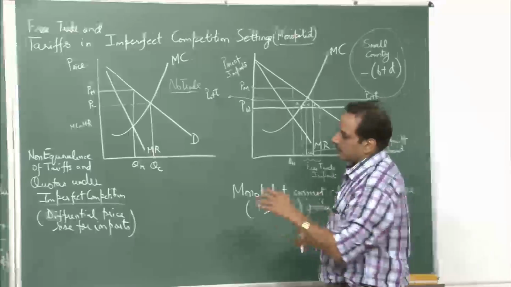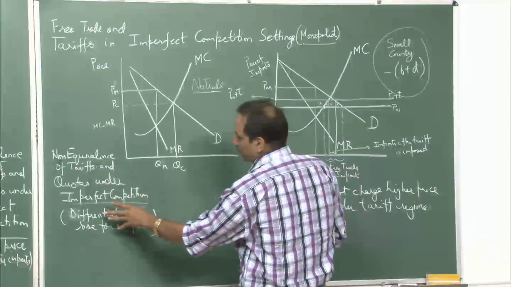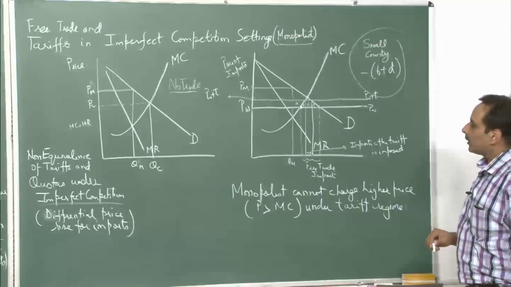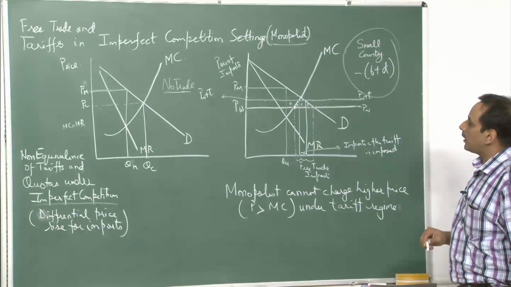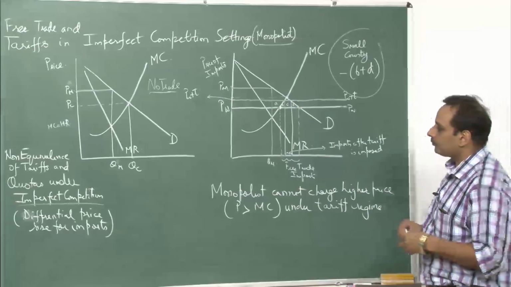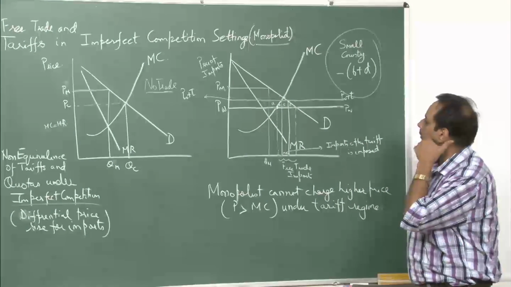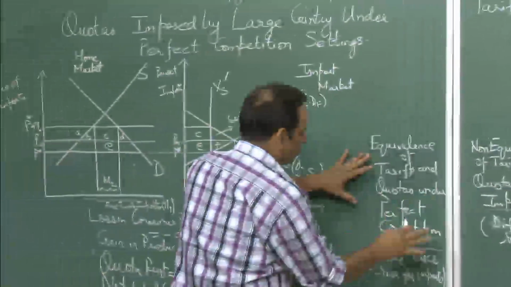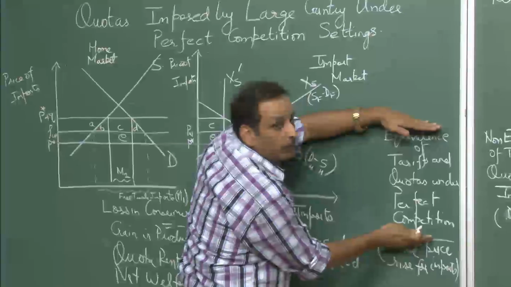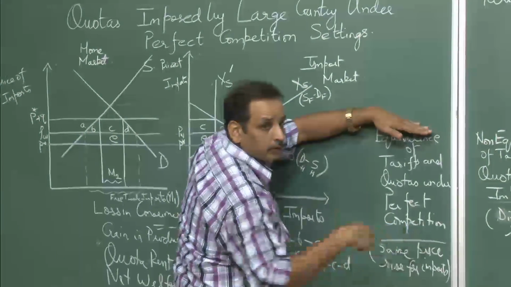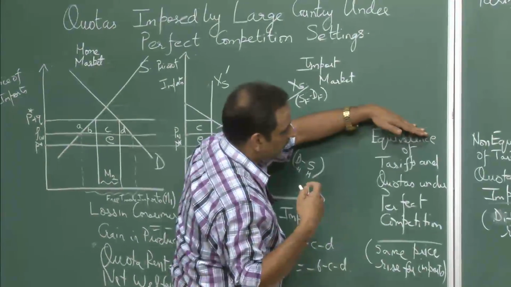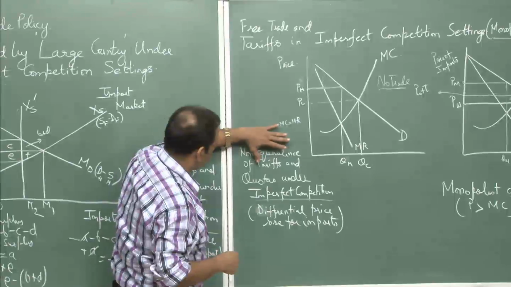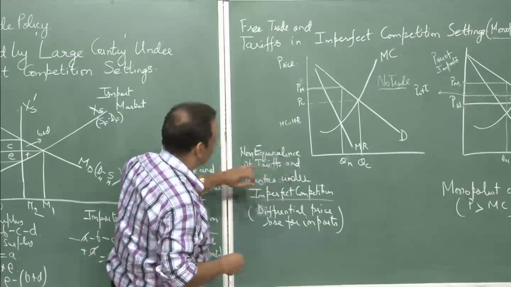Now, when quotas and tariffs are imposed under imperfect competition, see what happens. Sorry, when I describe the equivalence of tariffs and quotas, you all have to see it under perfect competition, right? So now let me bring in non-equivalence of tariffs and quotas under imperfect competition.